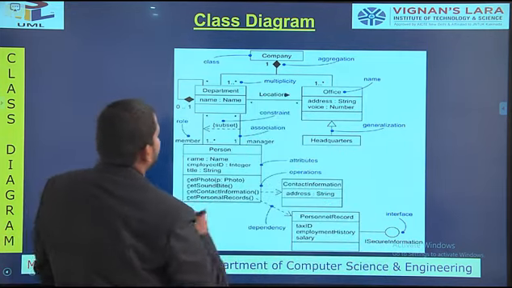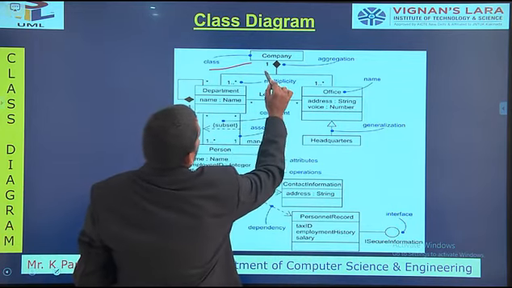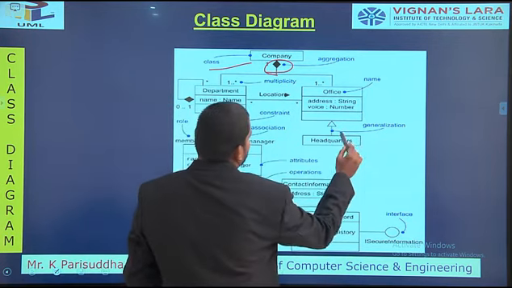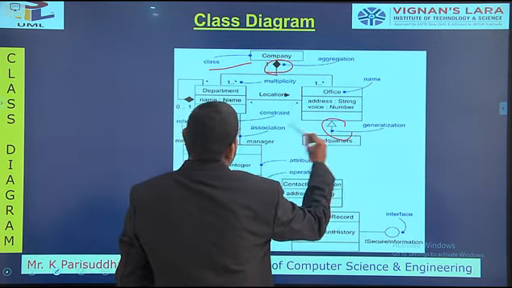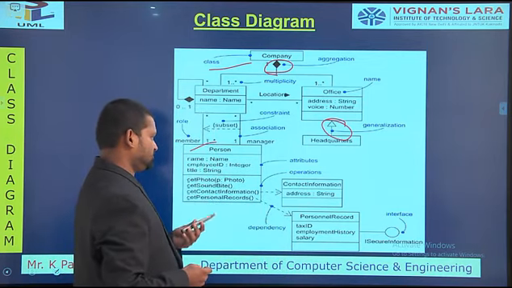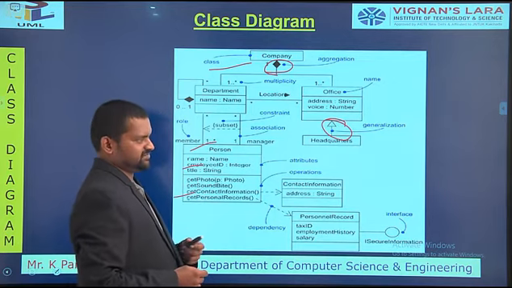See, this is a class. This is a class. This is the aggregation. This is the realization. We simply say this is the generalization. This is the name of the class. This compartment is the attributes of the class. This compartment is the operations of the class.